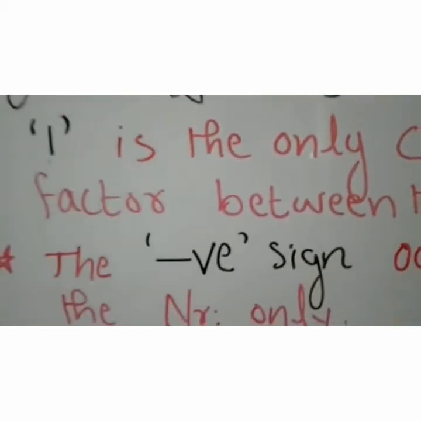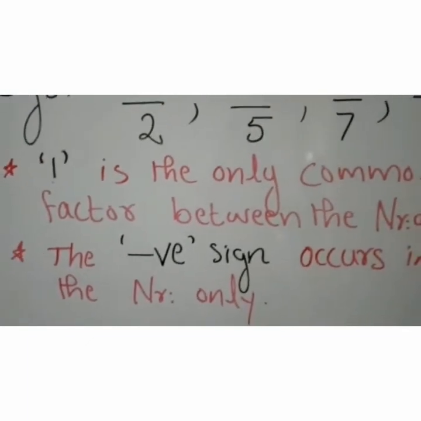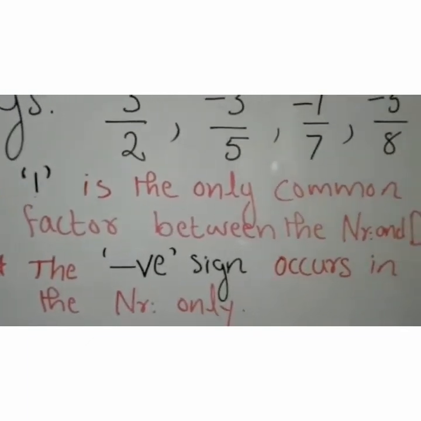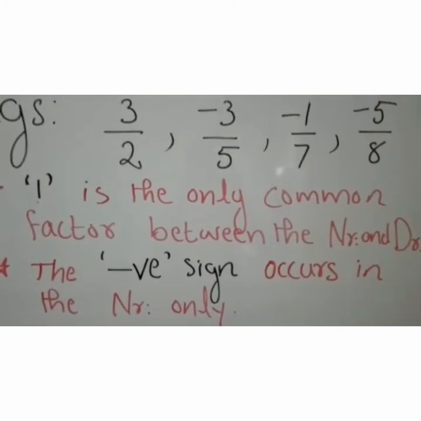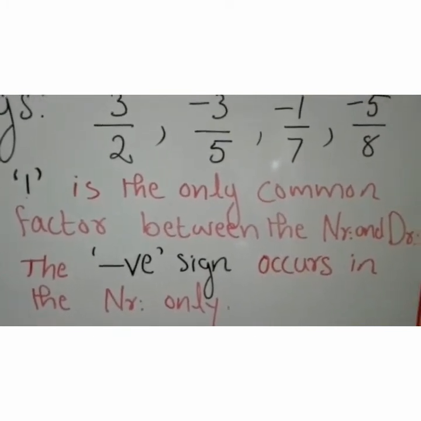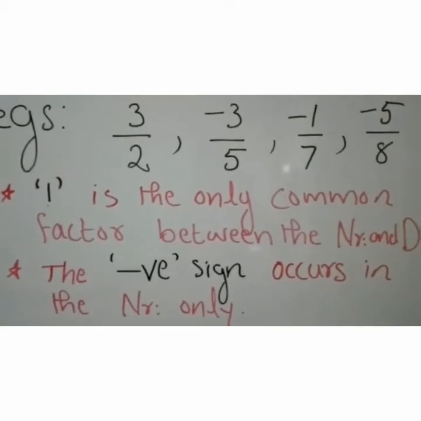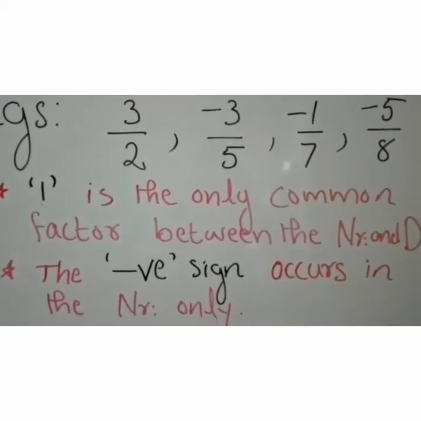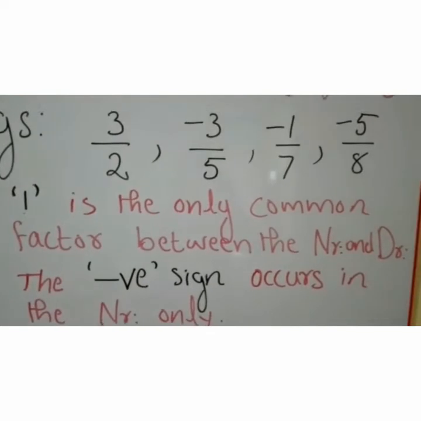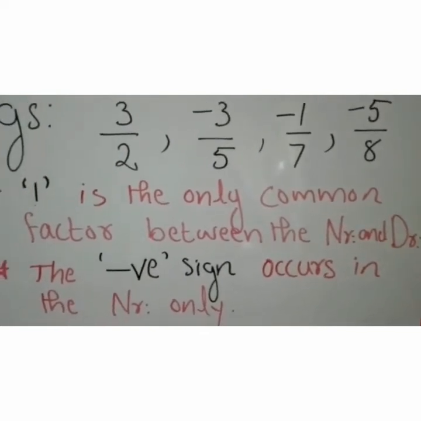Okay, in these cases, negative sign occurs in the numerator only. So these are the two conditions. That means it should be in the lowest form. That means there should not be any common factor other than 1 between numerator and the denominator. And always the negative sign should be in the numerator.